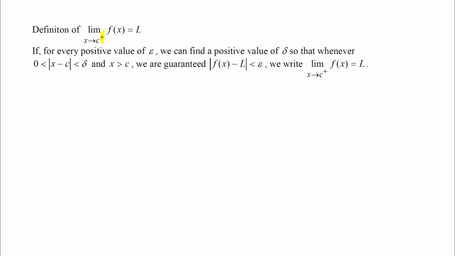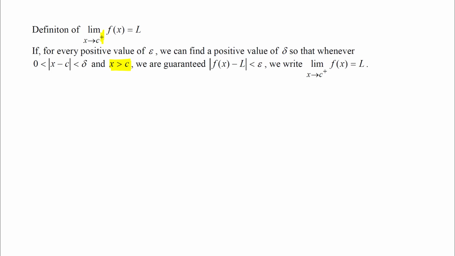And that's what we mean when we write the limit as x approaches c from the right of f of x is equal to L. When you compare this with the definition that we looked at before, you might notice that there's really just one important difference, and that is that we made this restriction that x has to be greater than c. If you think about the graph, what we meant when we said x approaches c from the right is that we're talking about values that are just a little bit bigger than c. So really that is the only difference in this definition from the one we looked at before.